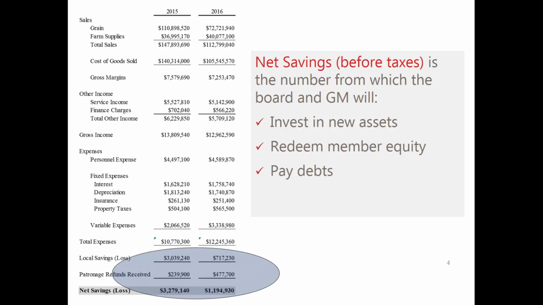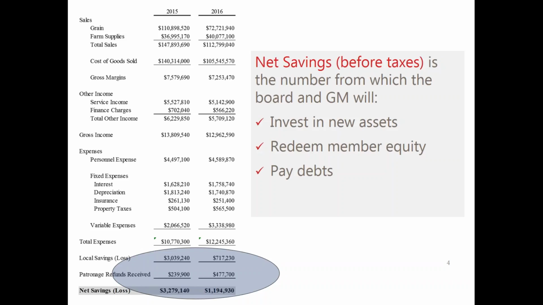So just like when members do business with a cooperative, in some cases there's patronage distributed back to them, just in that same way, when local cooperatives do business with their regional partners, and I named them off, CoBank, Land O'Lakes, AGP, CHS, there are others, they also have patronage that can be redeemed back to them. And so the sum of those two, local savings plus the patronage refunds received, are where we get the cooperative's net savings or loss.